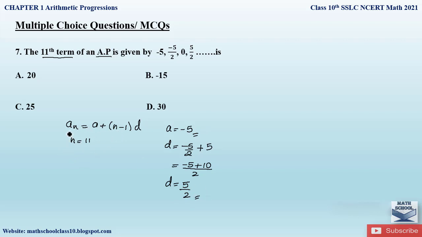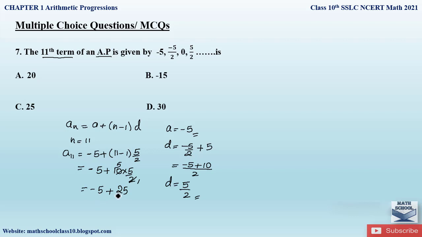So let us substitute here. So n value is 11. So a11 is equal to a is minus 5 plus n is 11 minus 1 and d is 5 by 2, right? So this is equal to minus 5 plus 11 minus 1 is 10. So 10 into 5 by 2. So 2 ones are 2, 5 times. So this will be minus 5 plus 5 into 5 is 25.